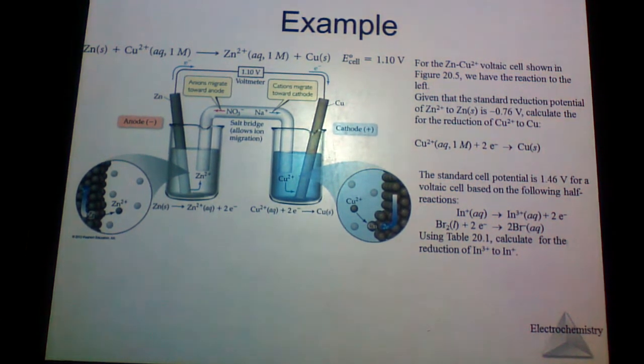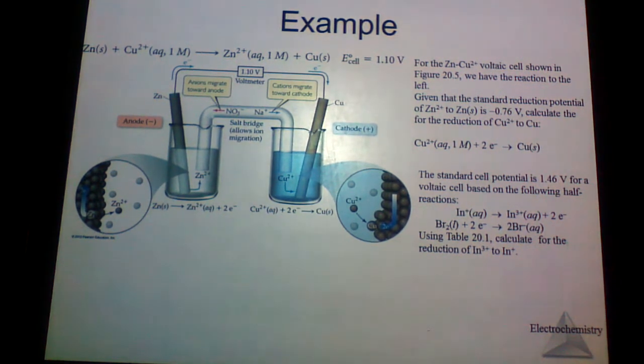In this it says, for the zinc copper 2+ voltaic cell shown in the figure, we have the reaction that's written out here, so you were given this. I also went ahead and gave you the cell potential, 1.10 volts. Given that the standard reduction potential of zinc 2+ to solid zinc is a negative 0.76 volts, let's calculate the reduction potential for copper 2+ ion to copper.